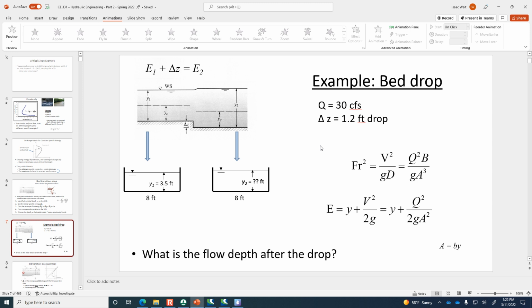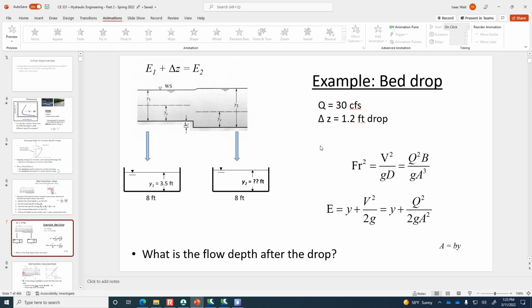Okay, so E2 is Y2 plus Q squared divided by 2g A squared. And instead of A squared, I'm just going to write 8, which is the width, times Y2, and that's squared. Okay, and we know that E2, from what we calculated before, is 4.7178.